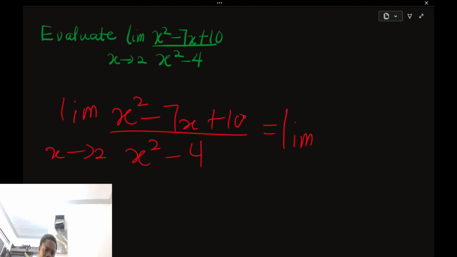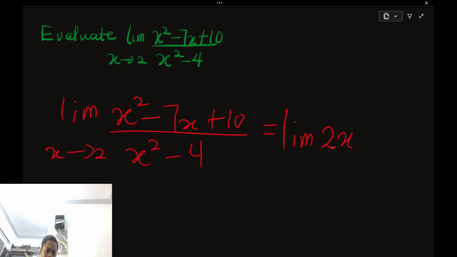Then we differentiate each of the terms in the numerator. So when you differentiate x squared, it's going to give us 2x. This is how we differentiate. I'm using the power rule. So I'll multiply the coefficient of the term here by the power of the variable. So 2 times the coefficient here is 1, and that will give us 2.